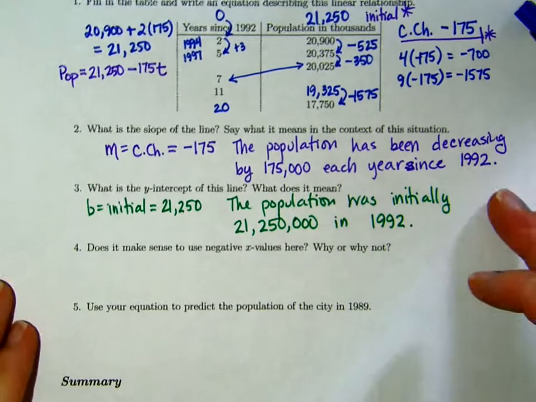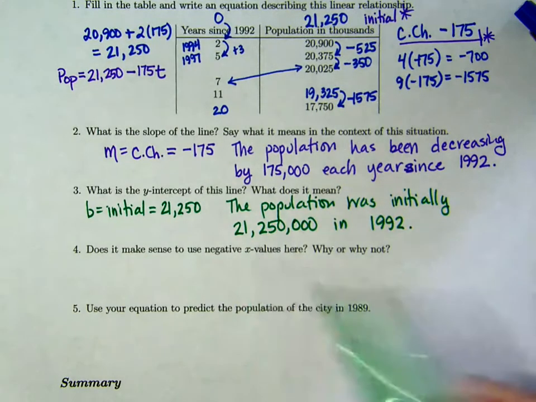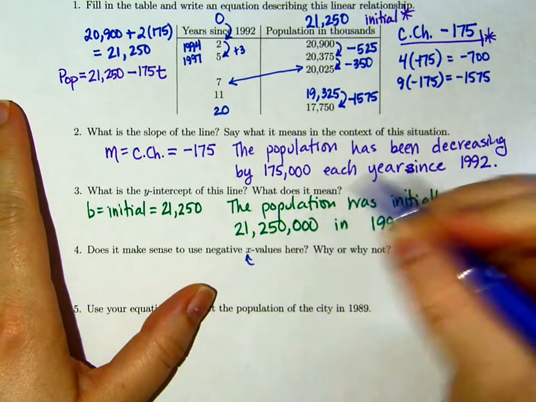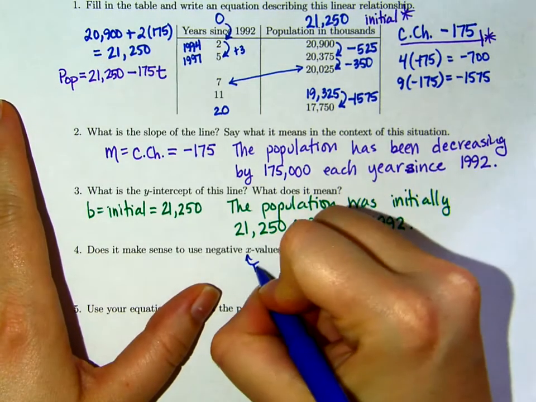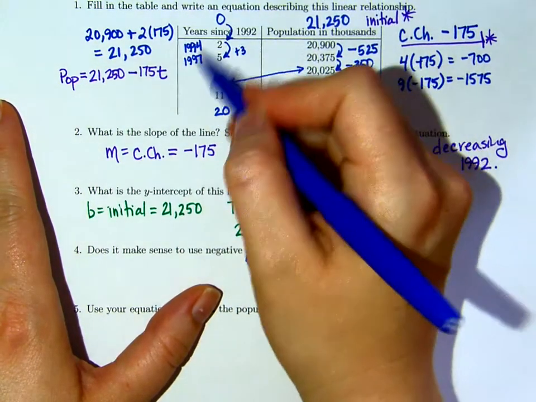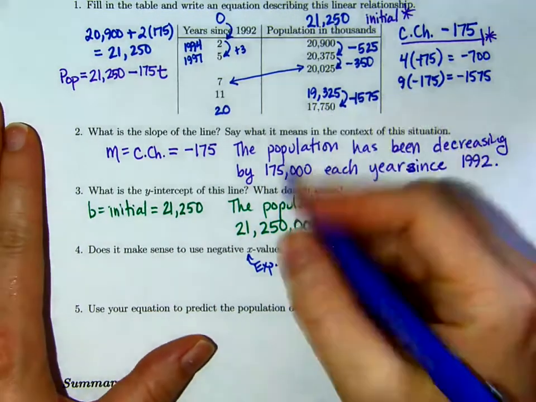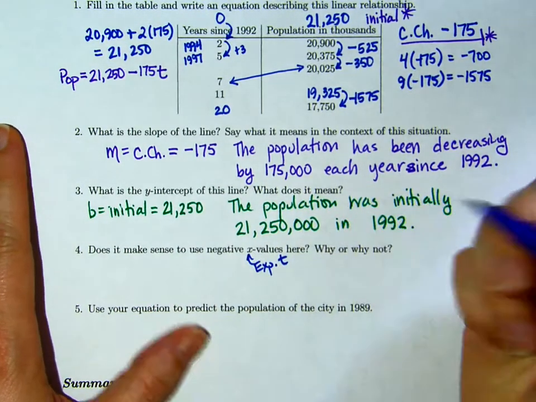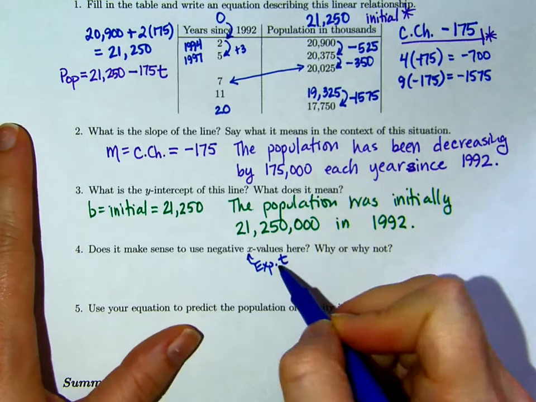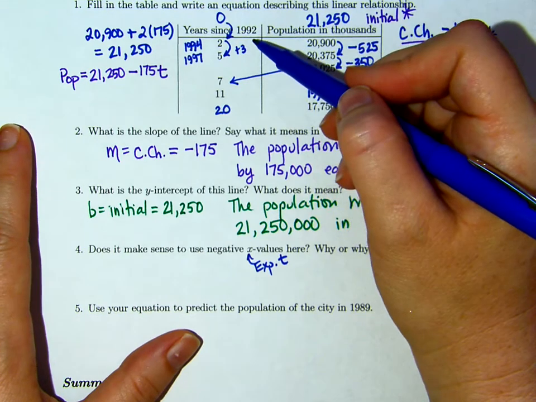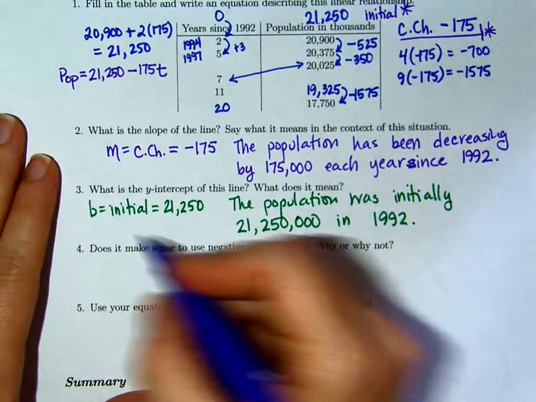Does it make sense to use negative y values or x values here? Okay, so remember, x values are the independent variable or the explanatory variable, and here that is the time since 1992. So this is actually t values here. Does it make sense to have a negative t value, a negative year since 1992? And my answer is actually yes.